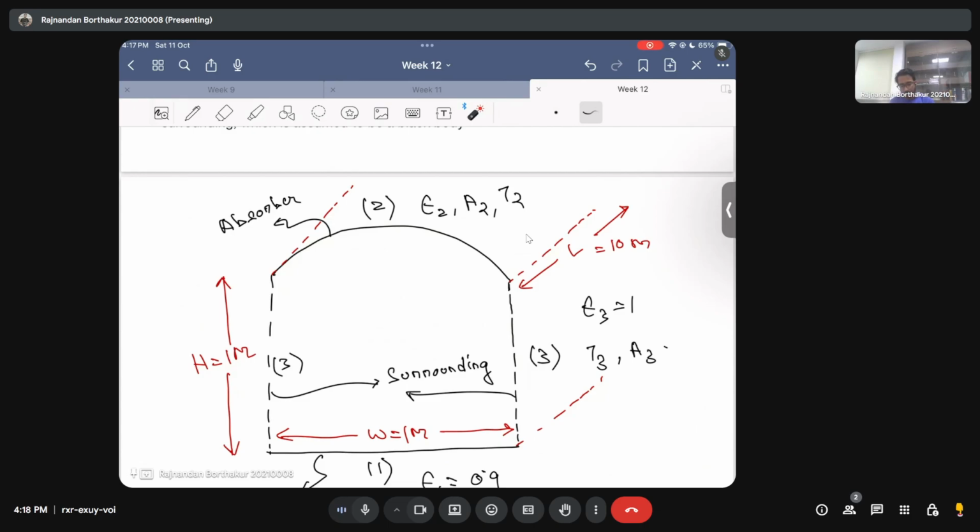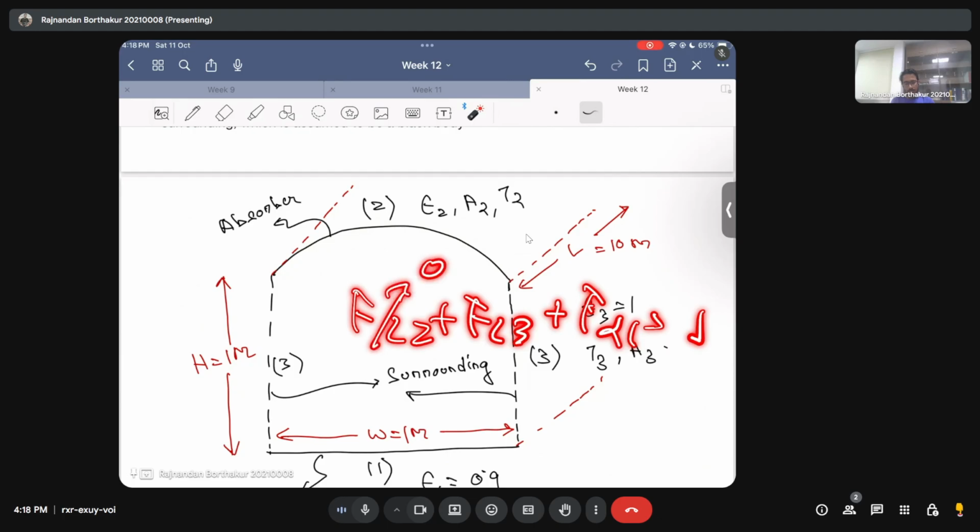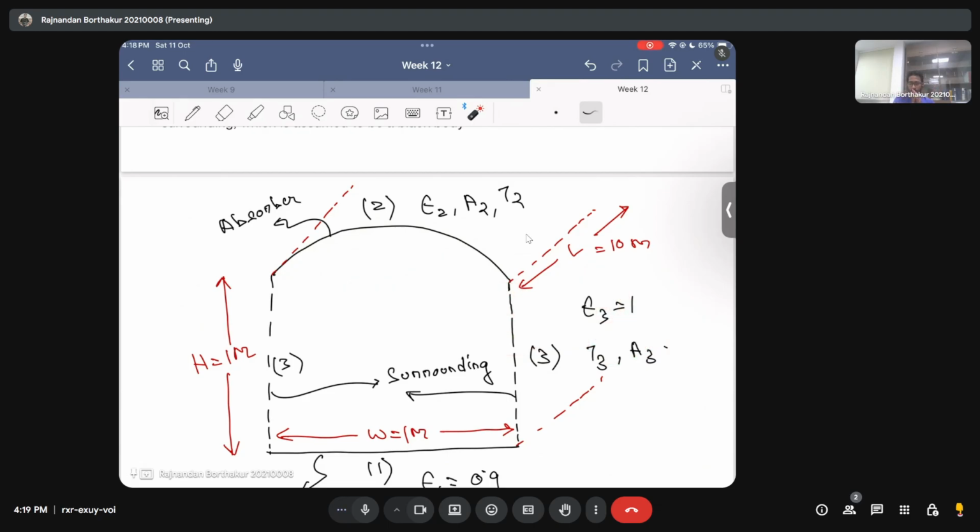For instance, the radiation that leaves from here will strike surface 2 only, because it's a curved surface. This means we cannot apply the summation rule at this point for this curved surface 2, such that F22 plus F23 plus F21 is 1, and then F22 is 0, and then calculate this. No, we cannot do that.